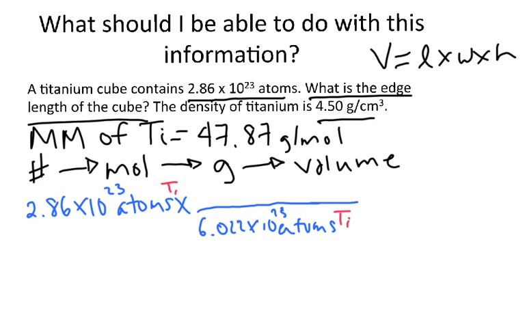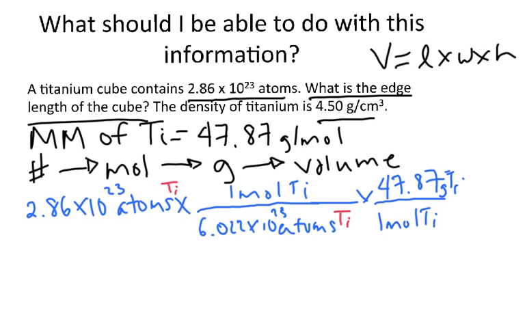For every 1 mole of Ti, we have the molecular weight of Ti, or the molar mass, so we can use that. We're going to have moles on the bottom for every 1 mole of Ti, there's 47.87 grams of Ti.